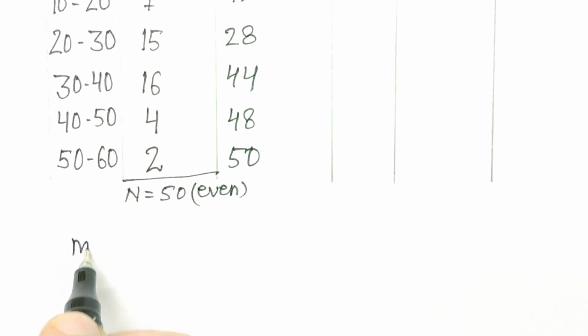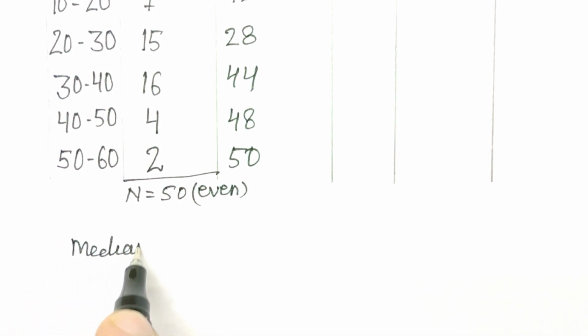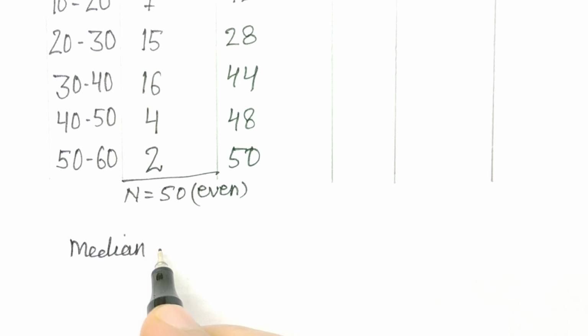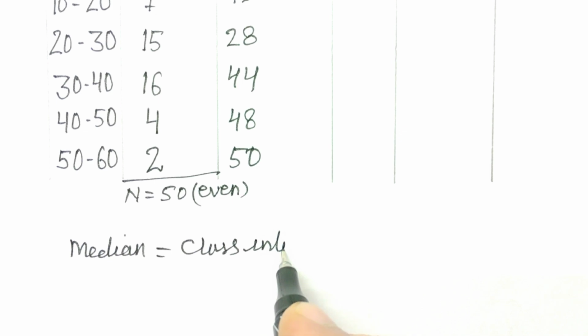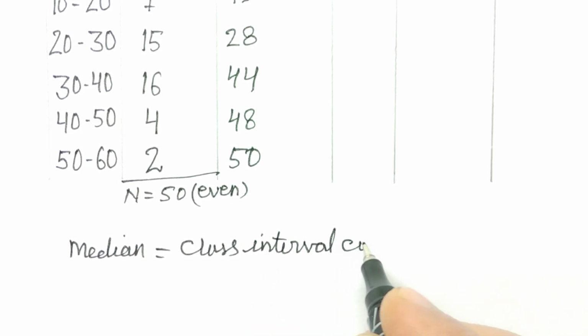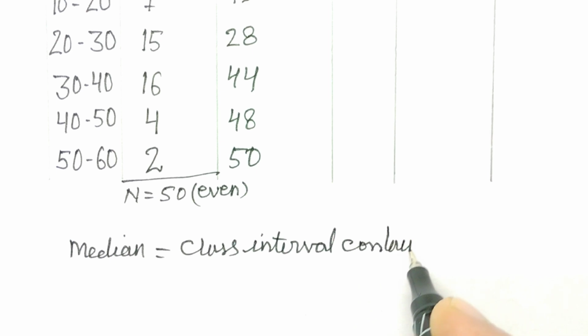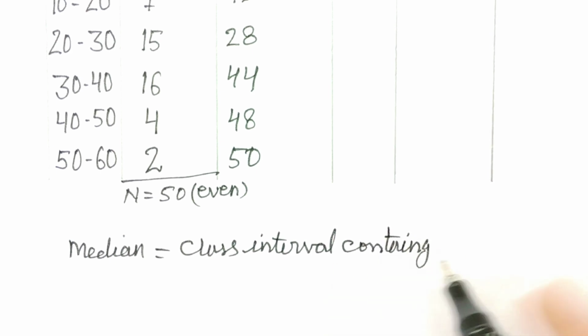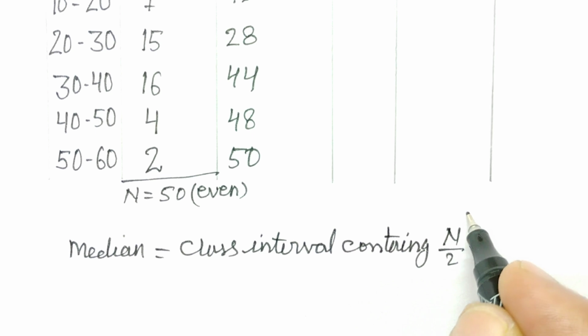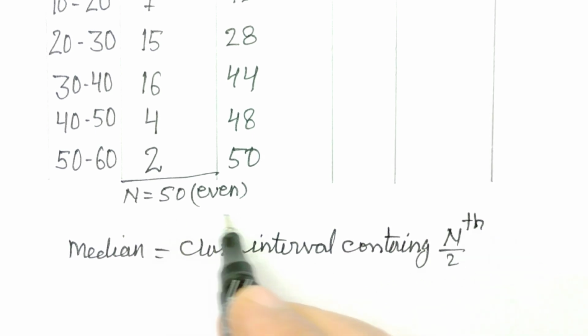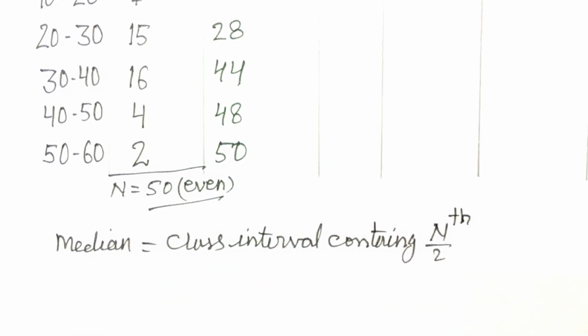So the median, how to determine? The median will be the class interval containing the n by 2th item, because here n is an even number, right?